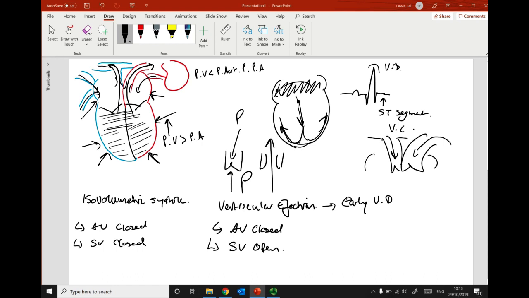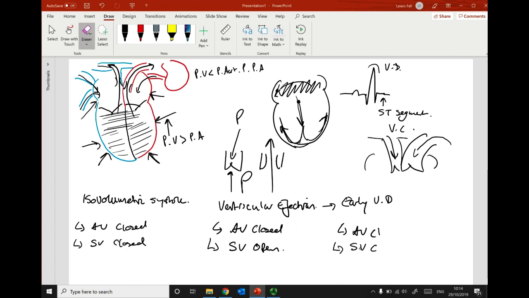So in early ventricular diastole, again, the atrioventricular valves are closed. But now, the semilunar valves close. Okay. So that's the early ventricular diastole.